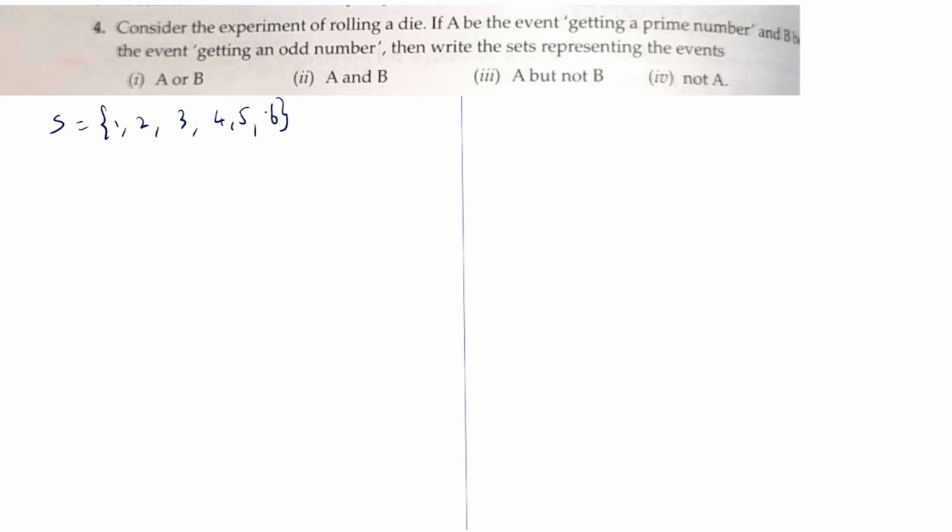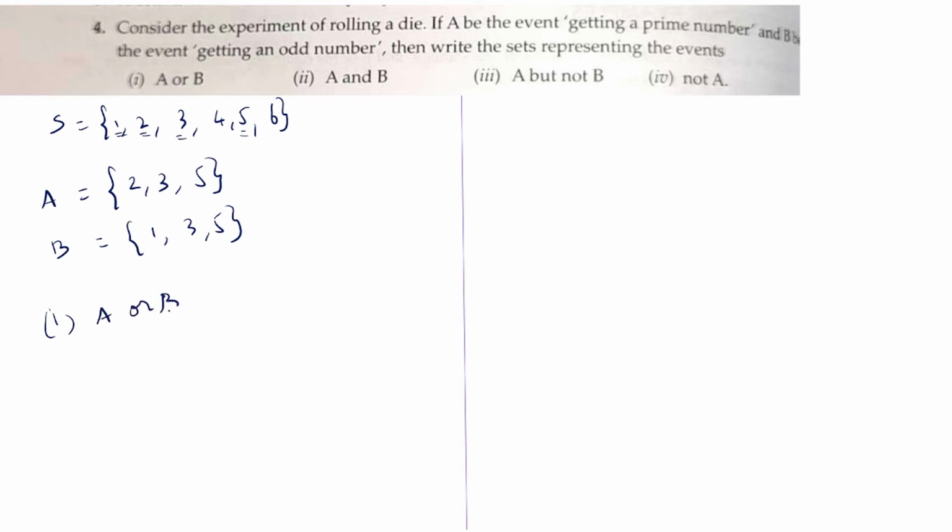A is the event getting a prime number, so A is 2, 3, 5. B is getting an odd number, so B is 1, 3, 5.